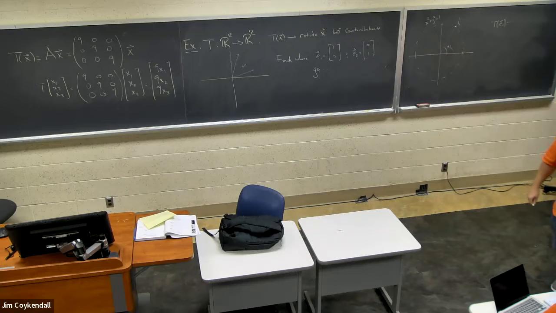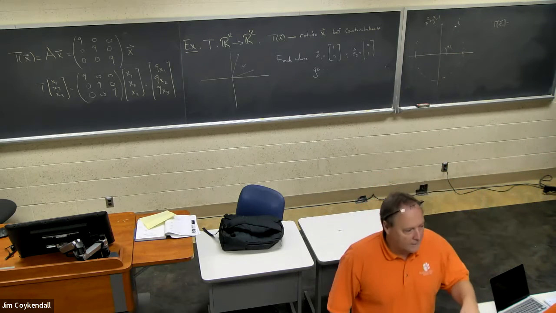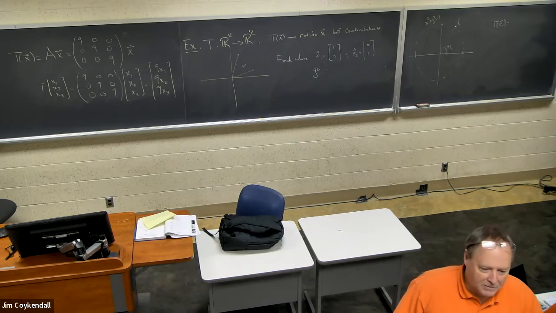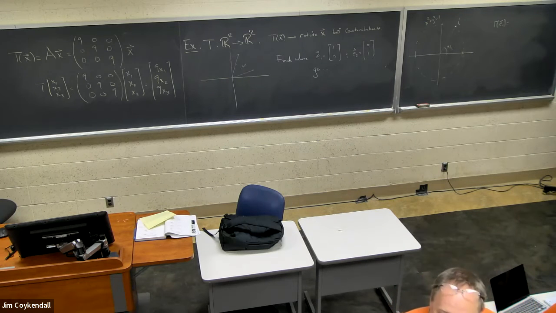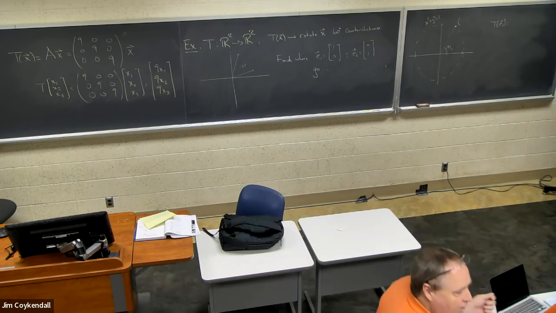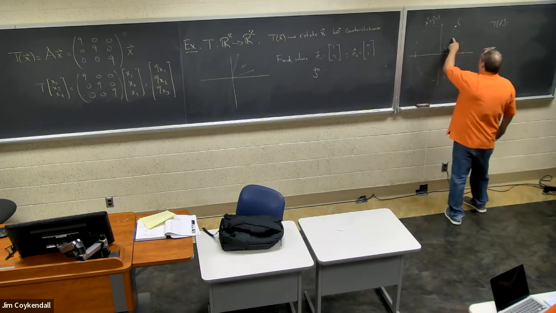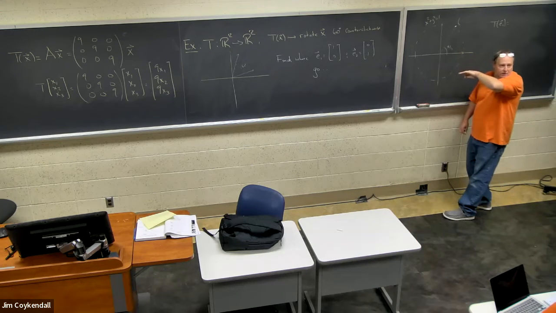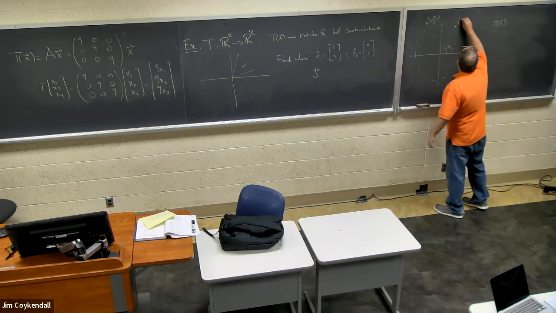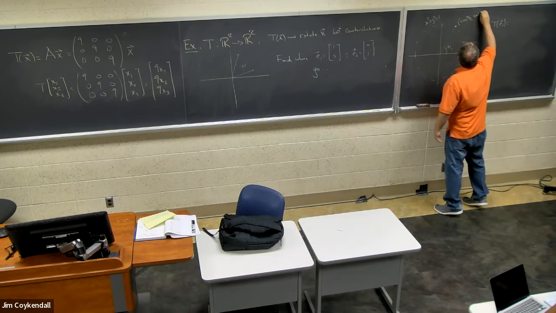Yes. The x coordinate is r cosine theta, and the y coordinate is r sine theta. Oh, you sound like a physicist. That's exactly right. And what makes it easier for us, what's r in our case? 1, because we're on the unit circle. So the x coordinate should be cosine of pi over 3, and the y coordinate should be sine of pi over 3.